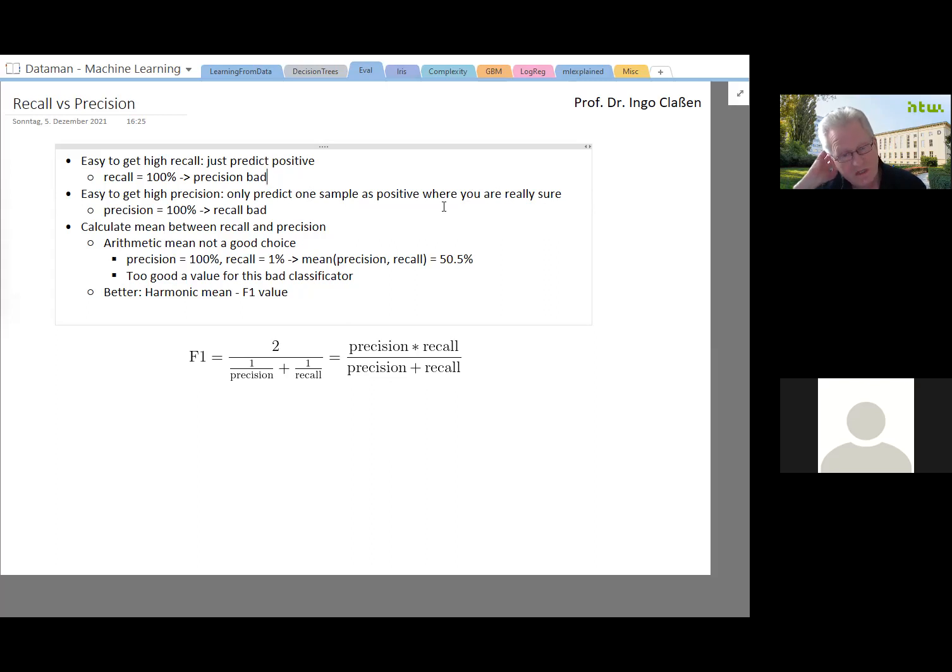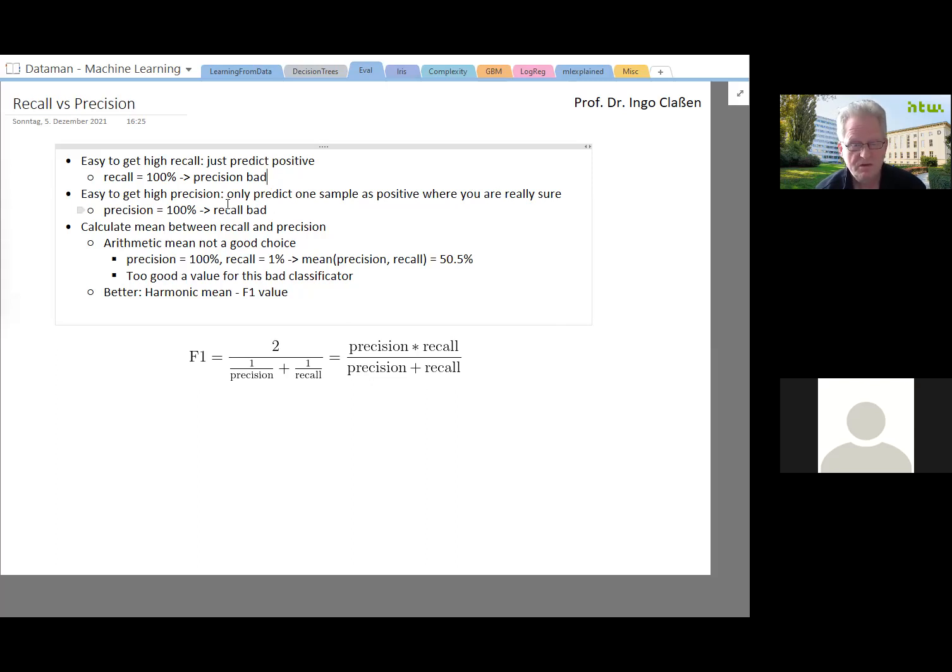Then we would have a very good precision, even 100%, because among those that we have predicted as positive, this single one is positive. So we get a precision of 100%, but the recall would be bad. So only taking precision would also not be the best option.